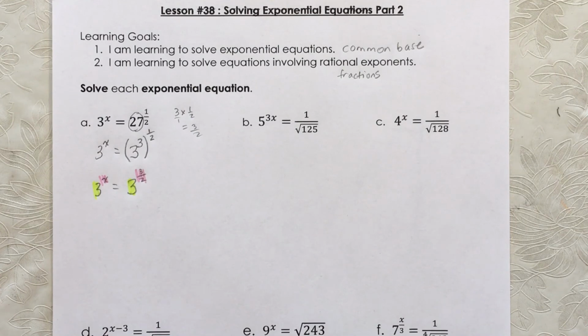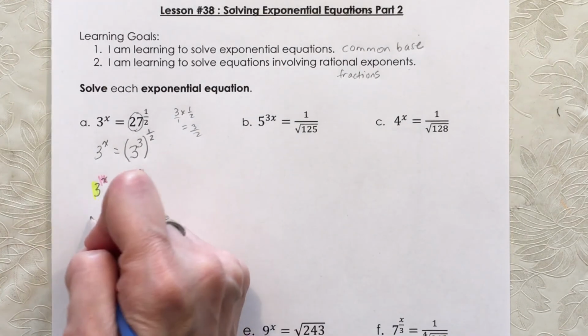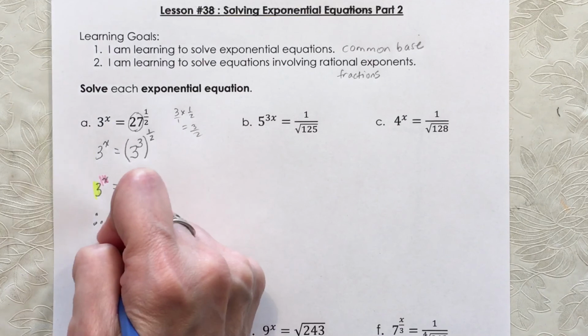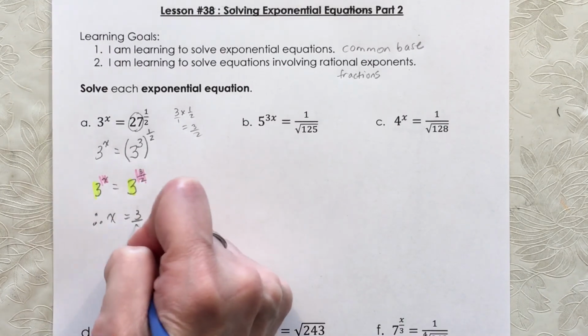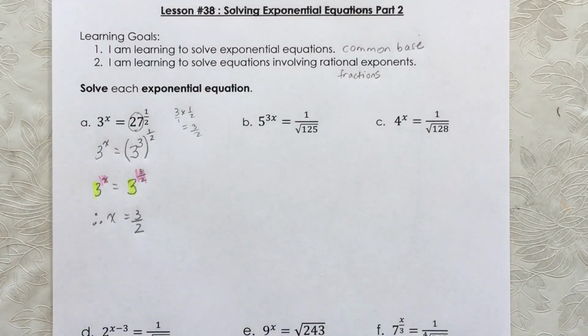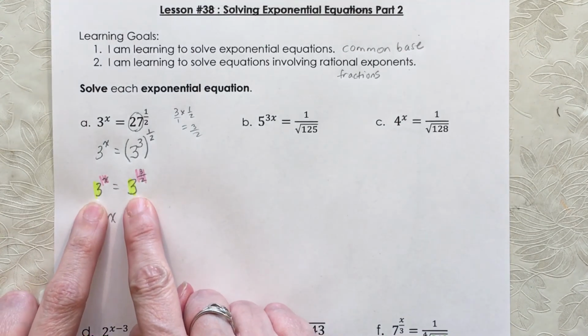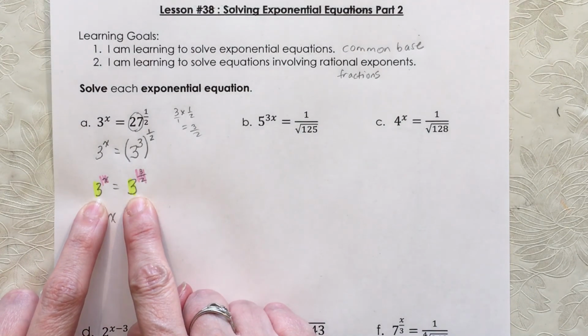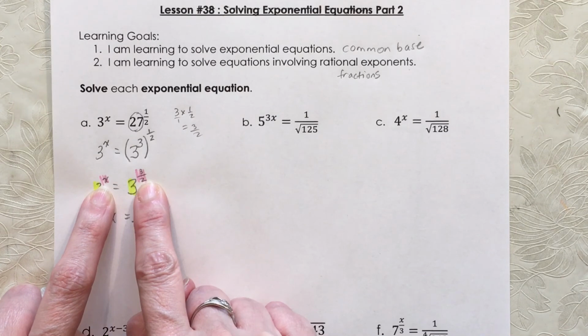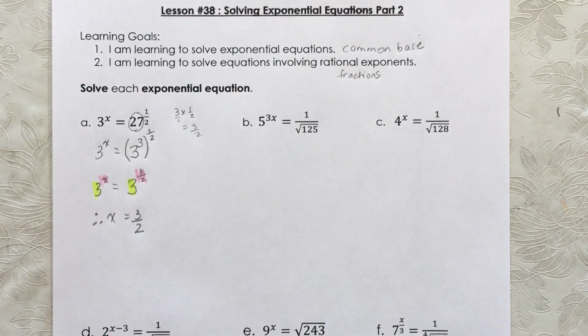So if the bases are the same, the exponents have to be the same. So therefore, in this case, x would have to equal 3 over 2. Okay, and that's a conclusion we can draw, because if we have the same base on both sides, and that's all we have on each side, then the exponents have to be equal for the equation to be true.